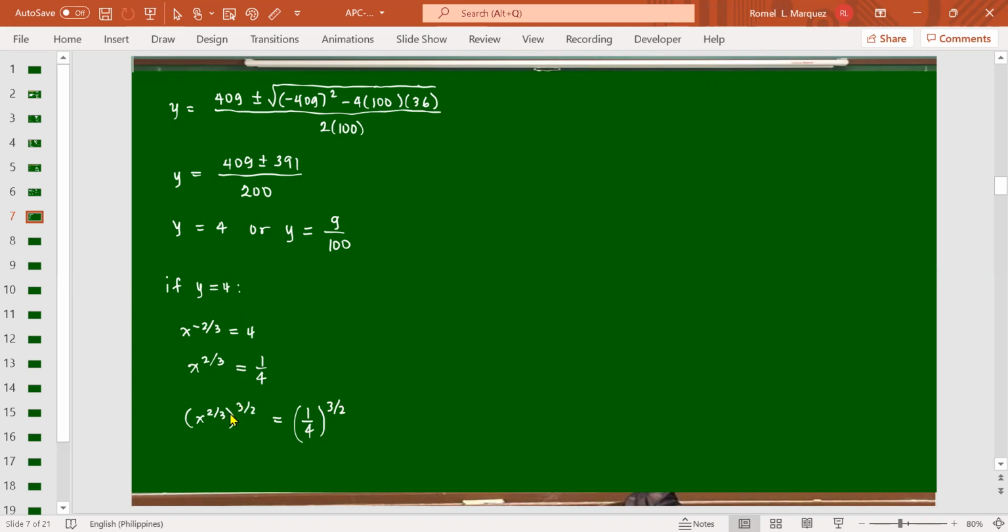What is the simplified form of the left side? 2/3 times 3 halves is 1. So this is simply x. So this means we have the square root of 1/4 and then raised to 3. So x therefore is equal to 1/2 raised to 3, and that is equal to 1 over 8.